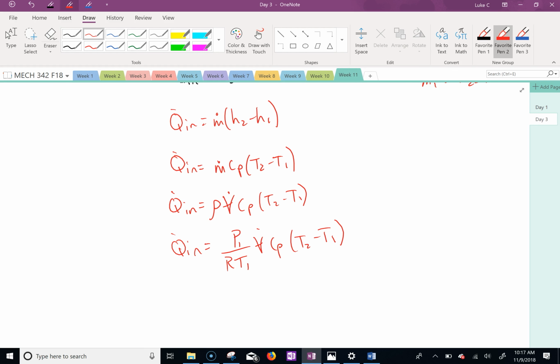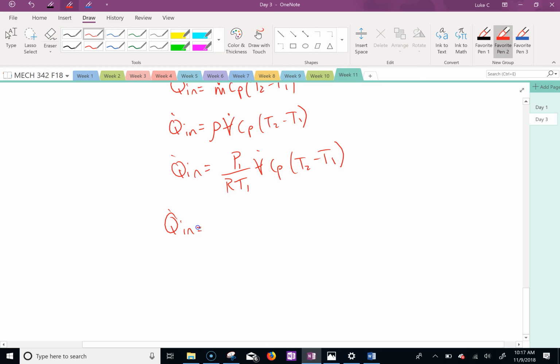Is the density going to change at state 2? It should, but we're going to assume not. It's going to be pretty close for this little section of duct we're looking at. The density of the air is not going to change that much.